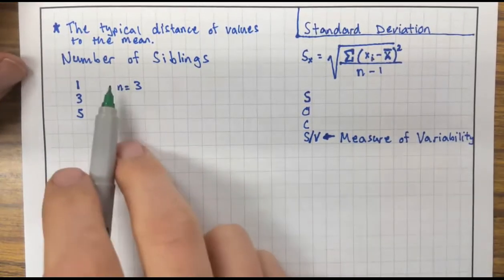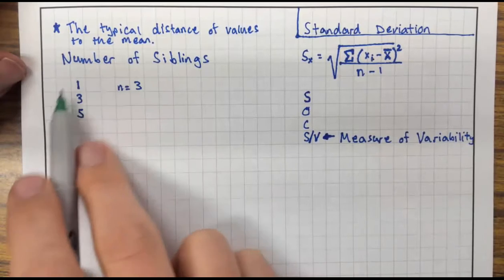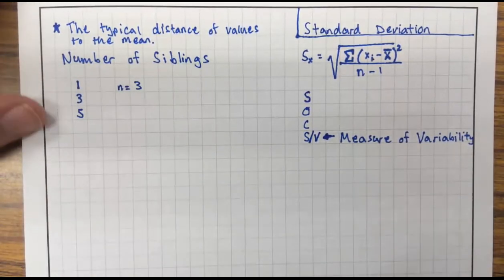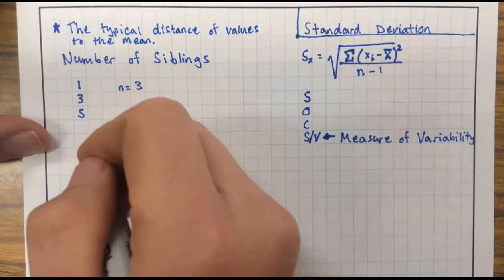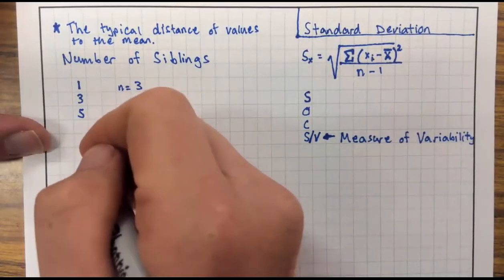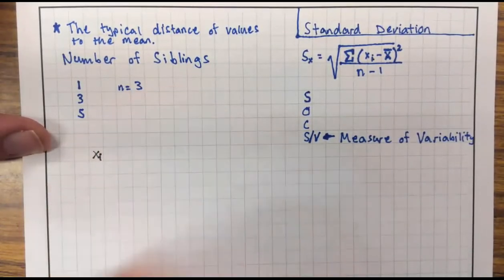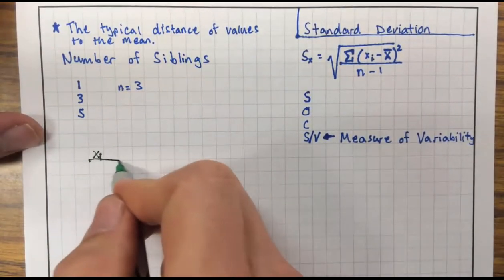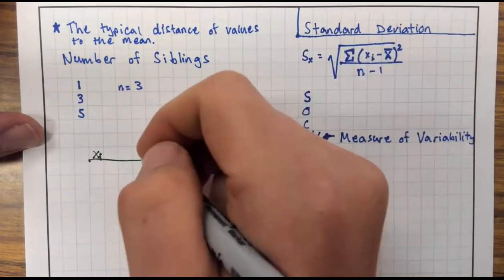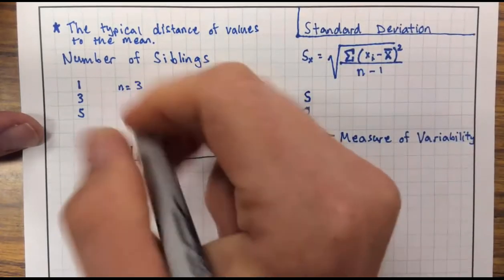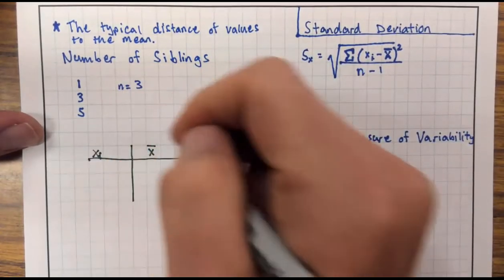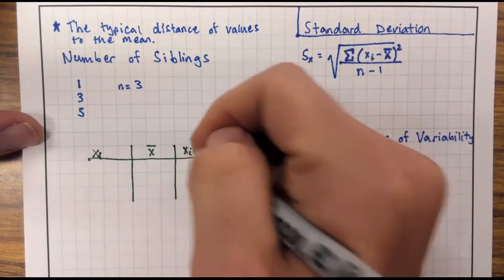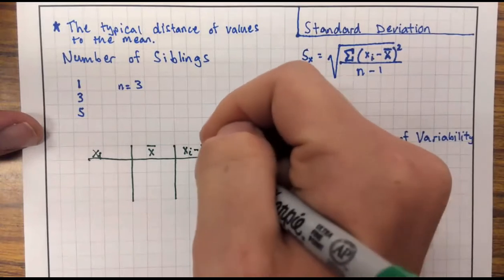Okay, so let's calculate the standard deviation of the number of siblings in this sample size of 3. The easiest way to do it is to get a table going. So we are going to list, again, each observation, x sub i. Then we will list the mean, and then we will find each observation's distance to the mean.